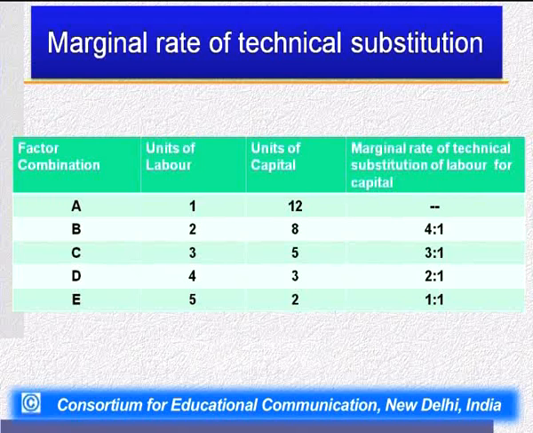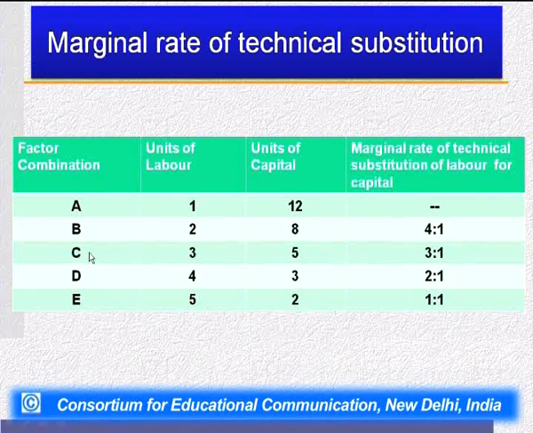Suppose we get the same level of output from all combinations, which is 100 units. When you put 1 unit of labor and 12 units of capital, then you get 100 units. Now if you increase labor from 1 to 2, then you have to decrease capital from 12 to 8. What is the marginal rate of substitution? It is 4:1. After the increase, the number of units by which you have reduced capital is called the rate, the marginal rate of technical substitution, which is 4:1.